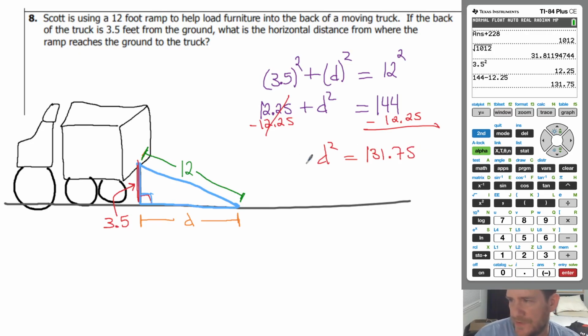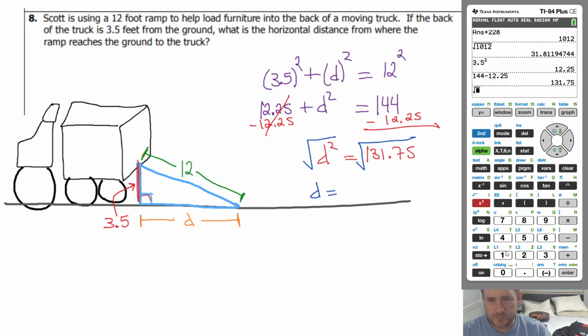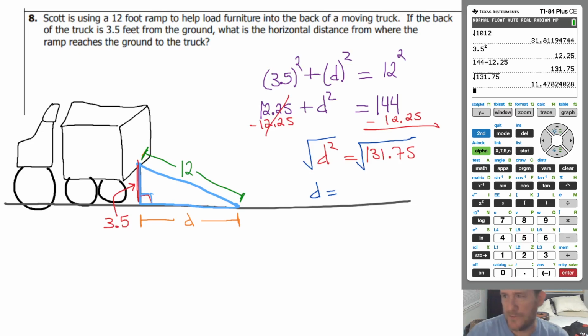So we can finish this off by just taking the square root of both sides now. And that gives us a distance that is equal to whatever the square root is. 11.48 if we round correctly, 11.48.